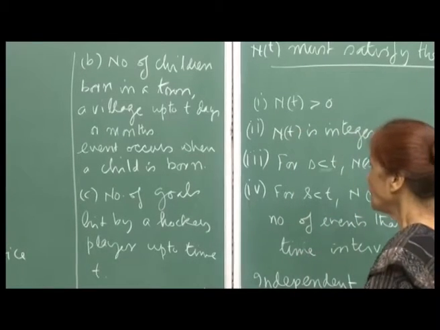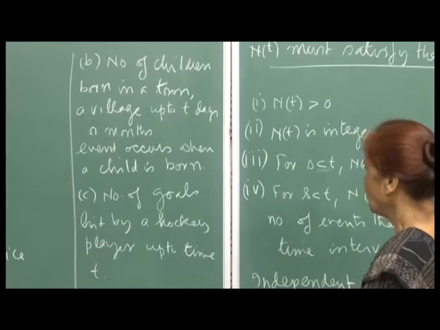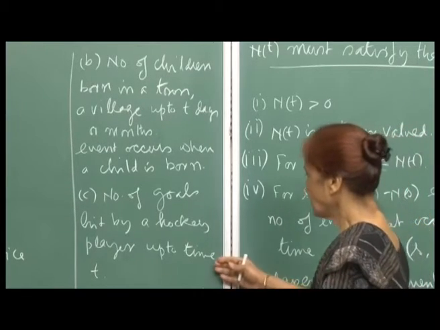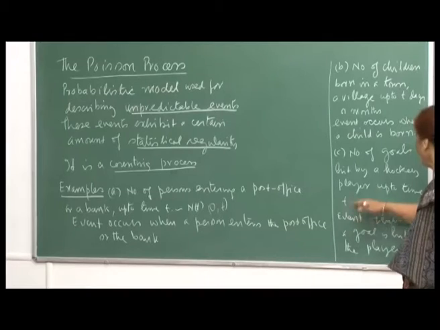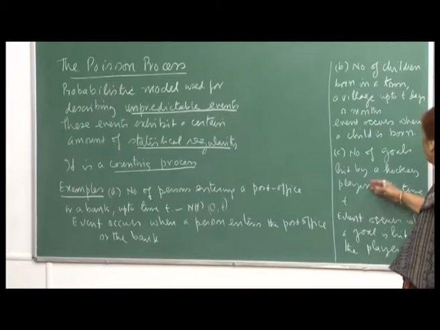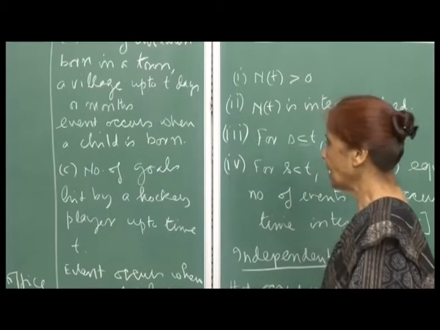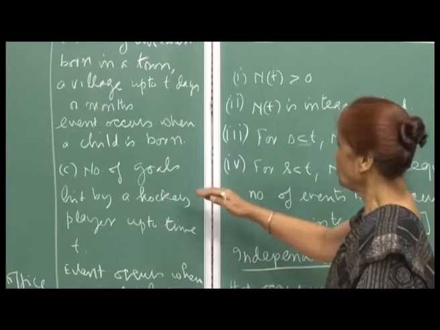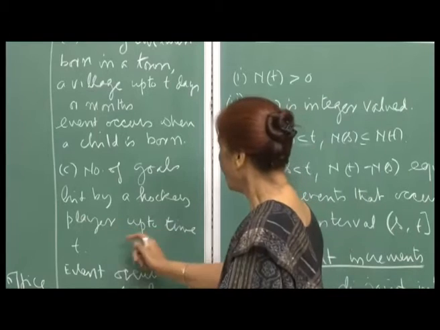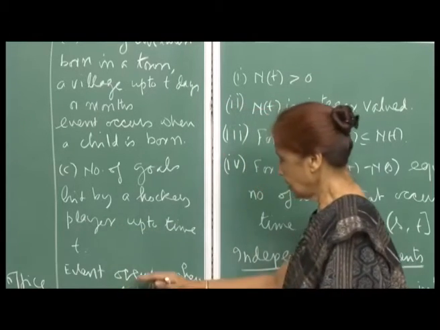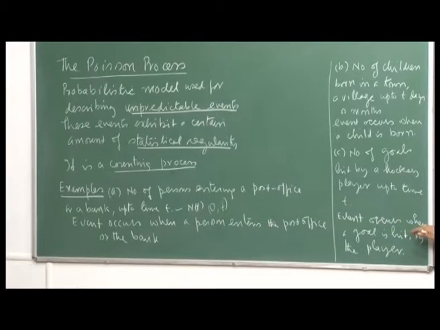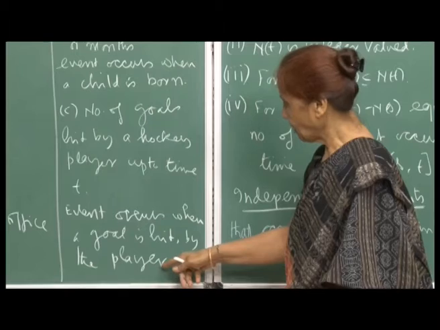Now, the number of goals hit by a hockey player up to time t. When the match starts, up to time t, maybe the half time or whatever it is, you identify a particular hockey player in the team and count the goals hit by that player. Here again, the event occurs when a goal is hit by this particular player.